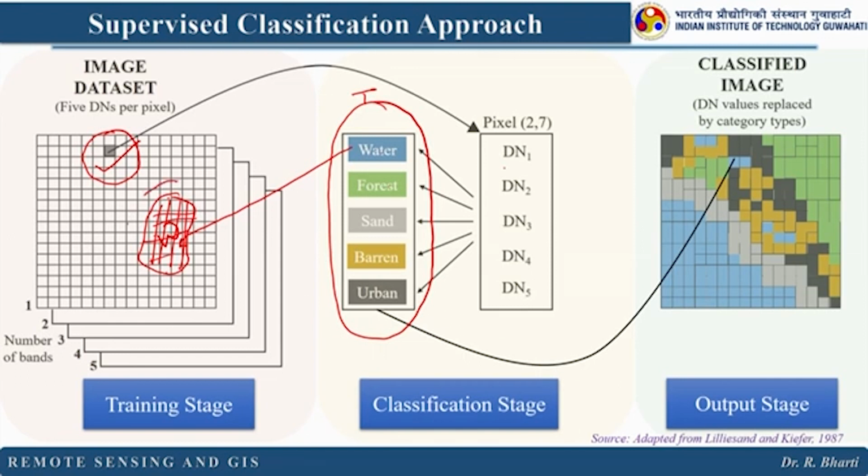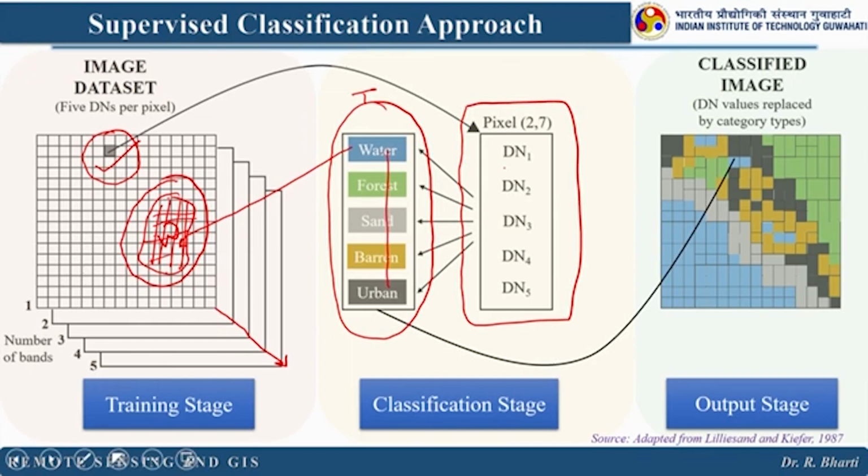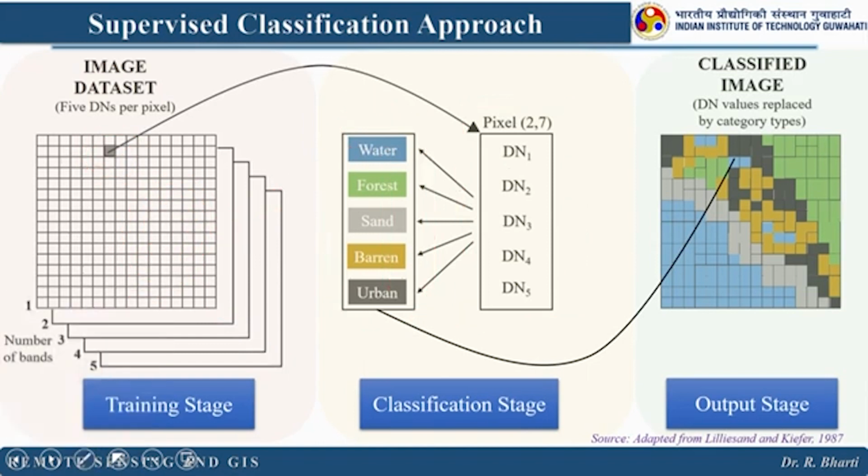Now when you know that okay, this is the area for water, then you will have 5 sets of DN values, because you have 5 different bands, and once you have that, then you can use some logic or method or algorithm to assign this particular pixel to any of these classes, right. So this is the supervised classification.